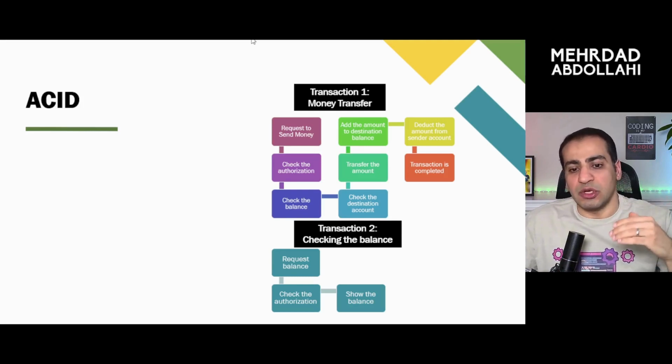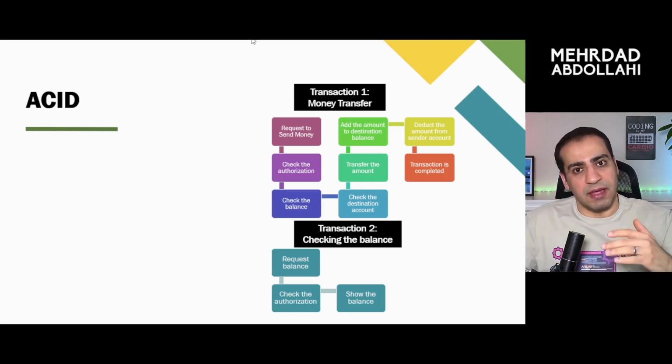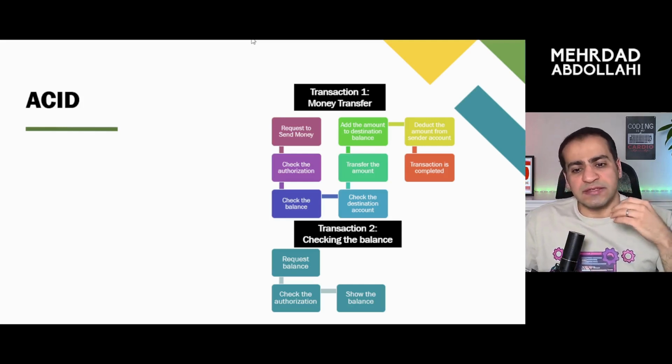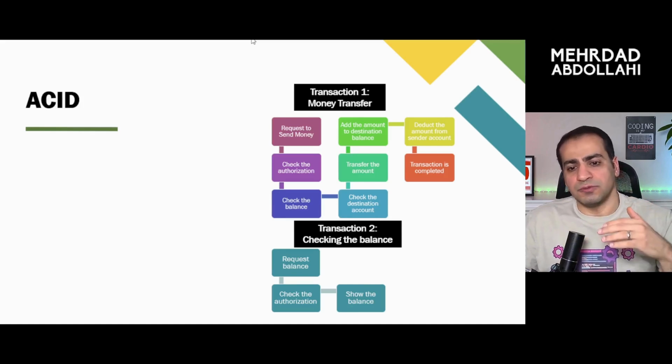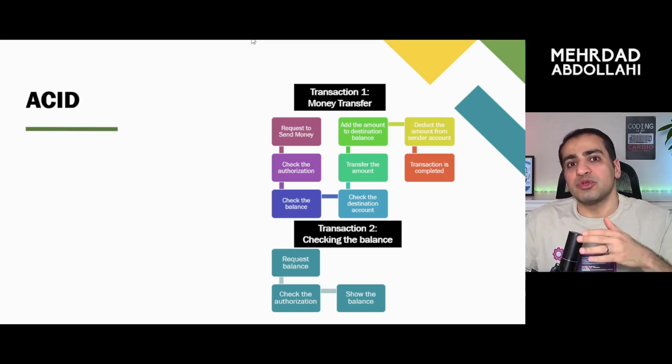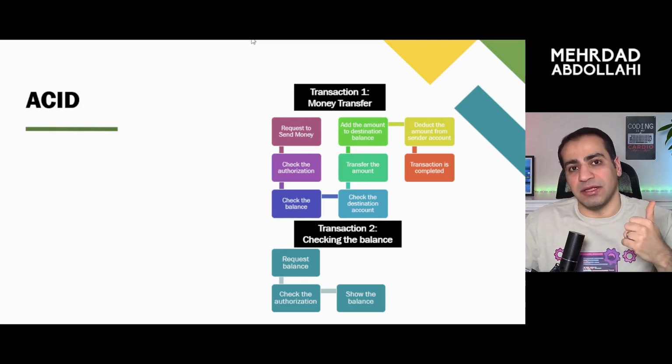Then the bank checks the authentication, of course, and checks the balance. If it is enough, the next step is to check whether the destination account is valid, and then it does the transfer. That amount is added to the balance of the destination account, and after that, it is deducted from the sender account.